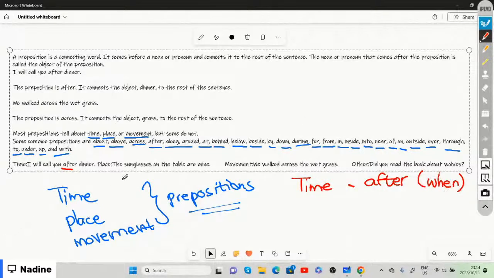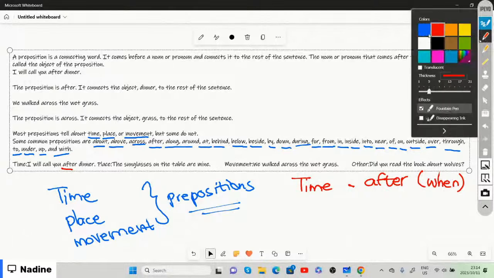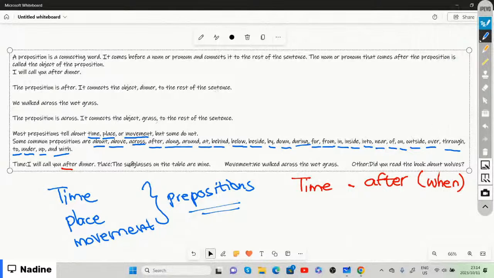Then when it comes to place, the preposition of place. Here it is. An example is the sunglasses on the table are mine. So the word on is our preposition of place.